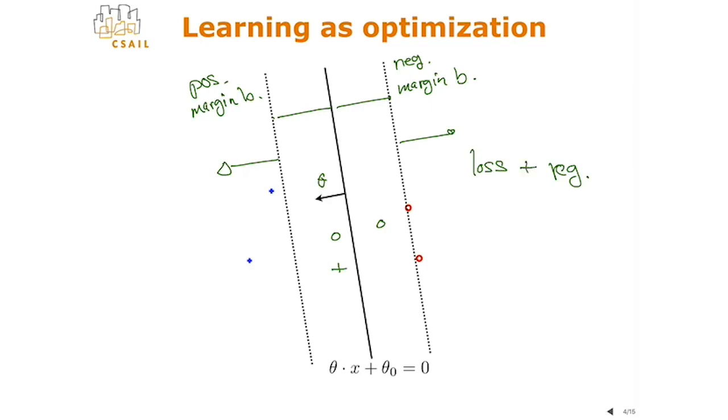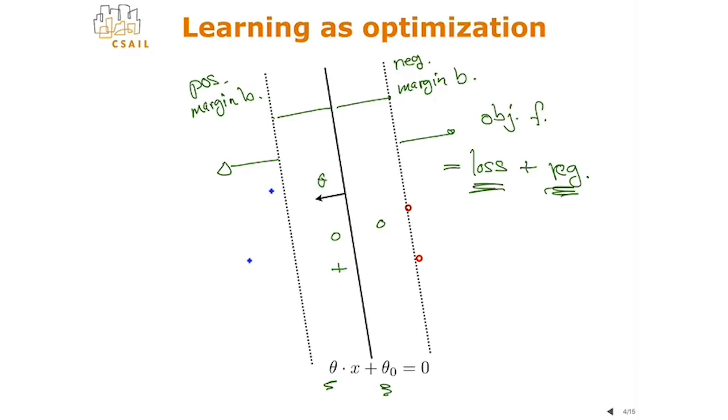These two together now define an objective function for selecting the parameters theta and theta naught. That's a balance between the loss, how examples fit within this ideal notion, and regularization, our preference towards large margin solutions.